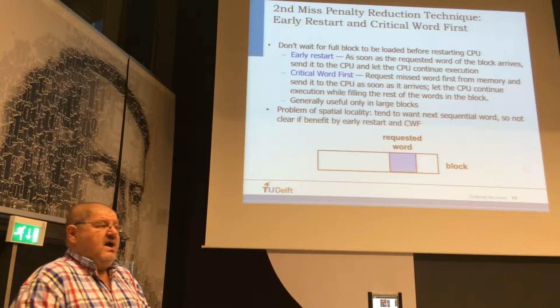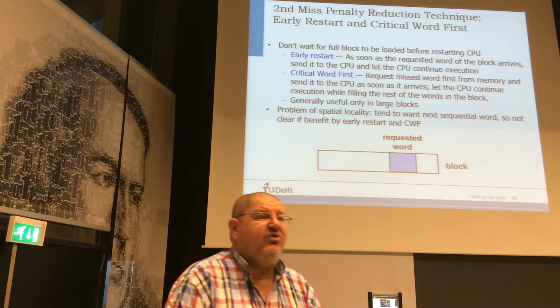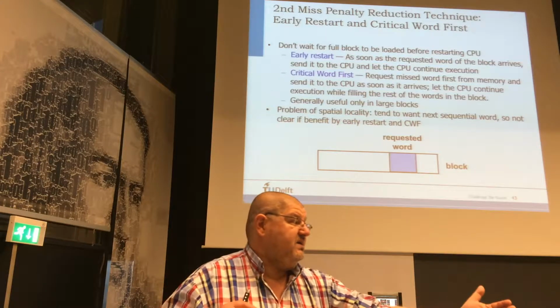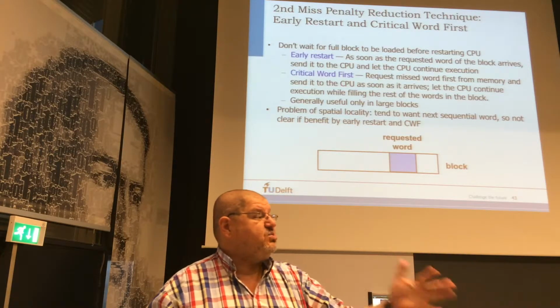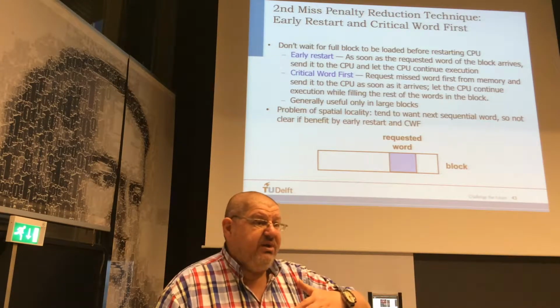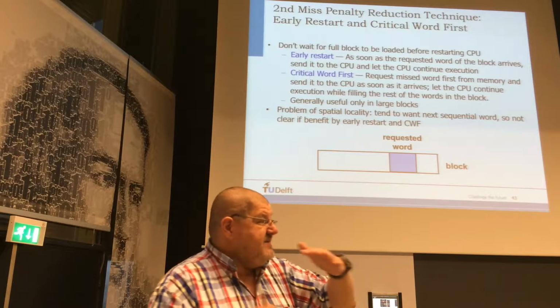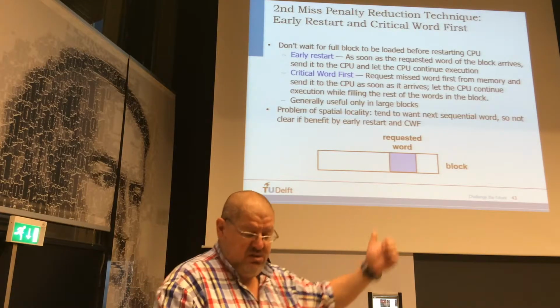In this way, I'm not getting the penalty of bringing the entire cache line. I get my item, I do the calculation, and the rest will happen while I'm doing the calculation. Presumably, when I do the next access, the full cache line will be available in the cache.